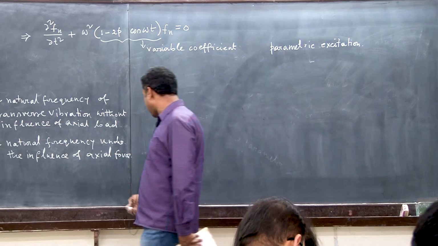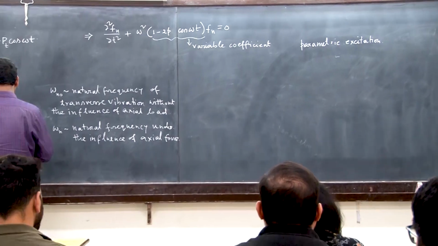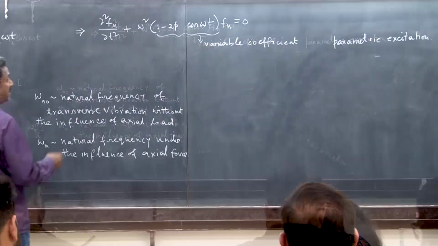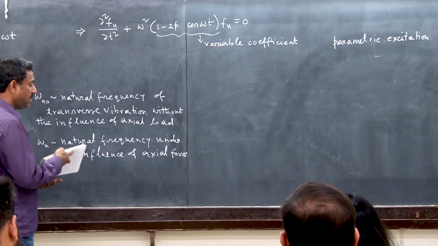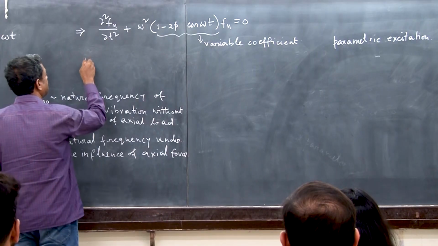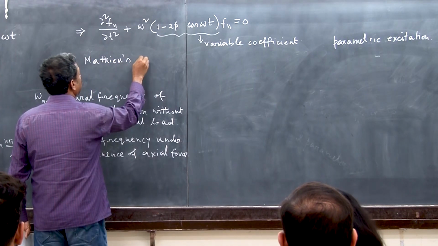So this equation can be simplified into standard form, using some modifications that I can show you. The equation can be converted into the standard form. This is called the Mathieu equation.